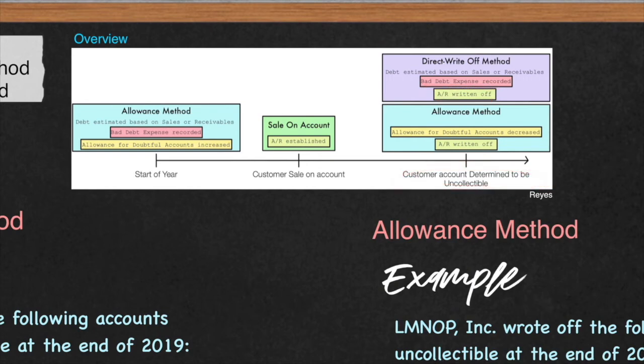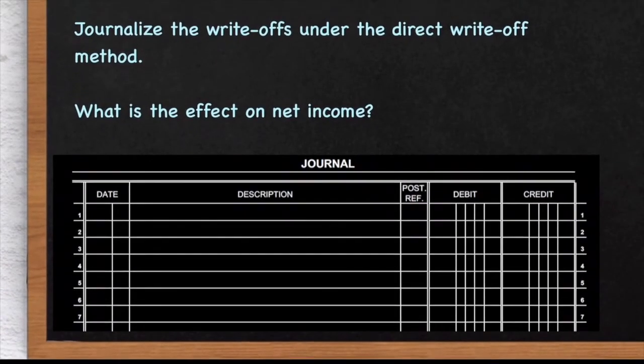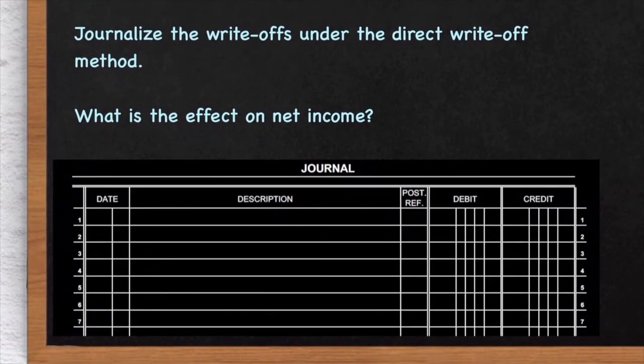And again, this is when the customer account is determined to be uncollectible, whenever that will be. All right, as I stated, you want to debit bad debt expense. Right now, I'm going to leave that blank because we have multiple customers. So we're going to credit all the accounts receivable for the customers, so we clear out their accounts.